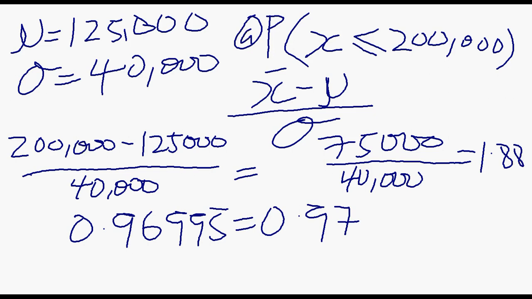So the probability that the machine will produce at least 200,000 copies, Kofi, yeah. At least means if it's greater than or equal to.